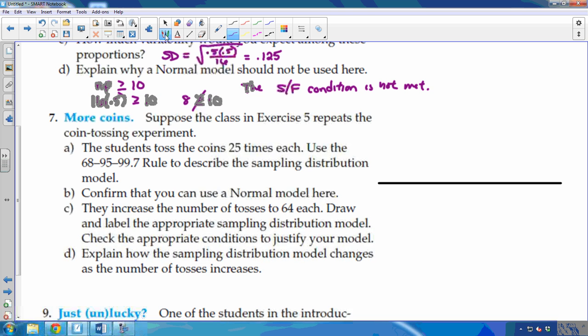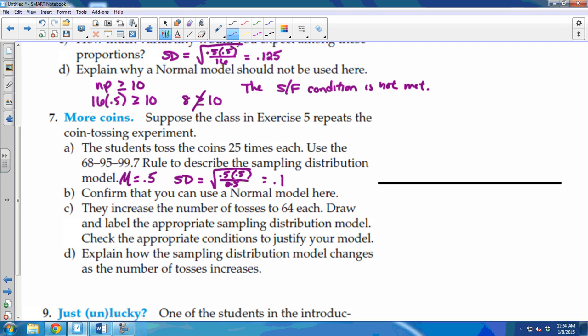So our mean is still 0.5, probably mean heads. Is the standard deviation still 0.125? No. Why? We changed the sample size. So the square root of 0.5 times 0.5 over 25 ends up being 0.1.